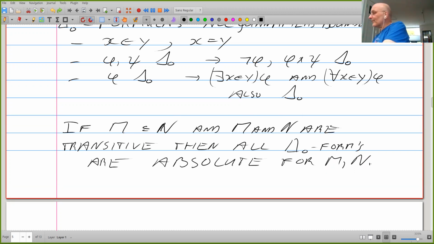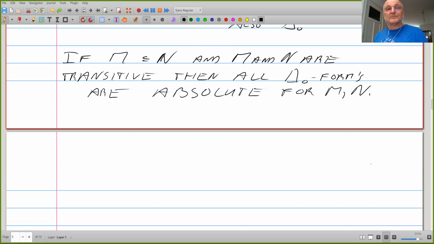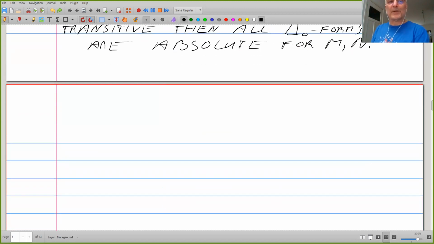And so part of the group interaction is to write down delta zero formulas for all kinds of things that you have seen thus far. For example, if you look at the axioms of set theory in Jech's first chapter, then all the quantifiers in there are unbounded.